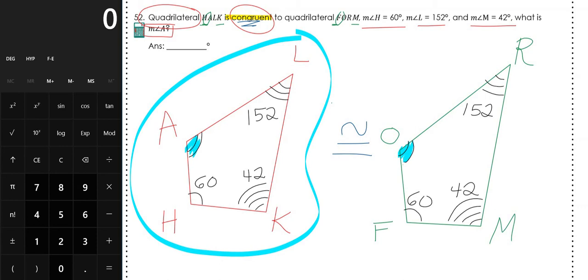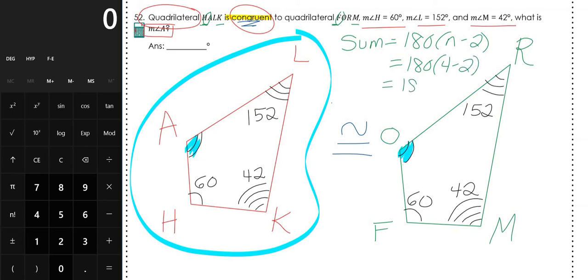And the way that we figure that out is by using our sum of interior angles formula, which tells us to get the sum of all the inside angles, we're going to do 180 times n, which is the number of sides, minus 2. Since we have 4 sides, we're doing 4 minus 2 times 180.